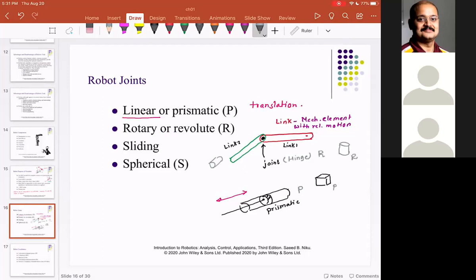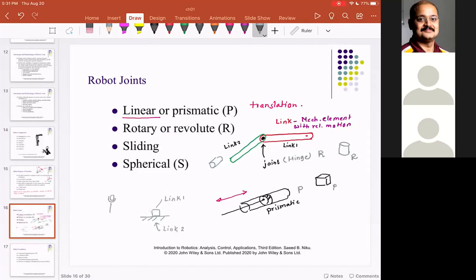In the case of a sliding joint, you could have link 1 and link 2, but the contact between them is not a revolute or prismatic. It's kind of sliding, so they are continuously in contact. For the spherical joint, think about your shoulder joint.